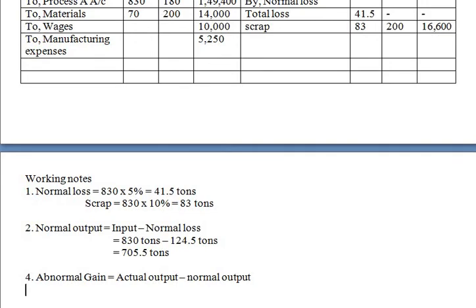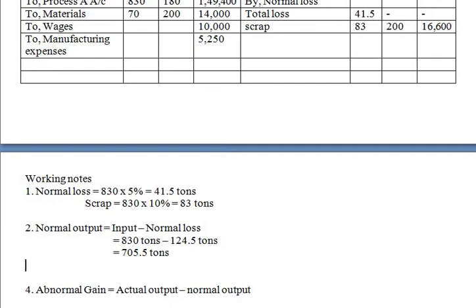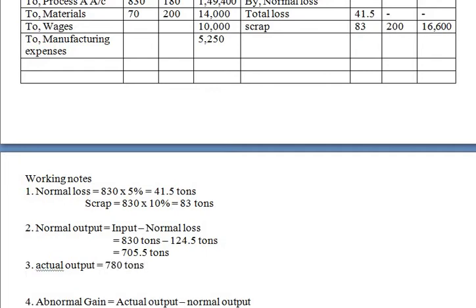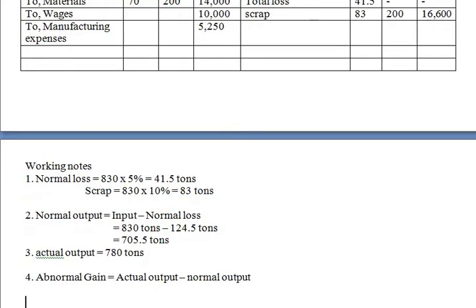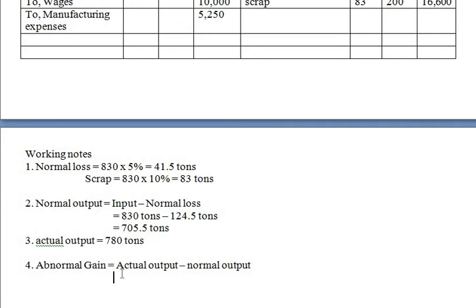Okay, now just mention here actual output. Actual output is given in the problem, that is 780 tons. Now next is find out abnormal loss or gain. Okay, it has to be compared with actual output and normal output.